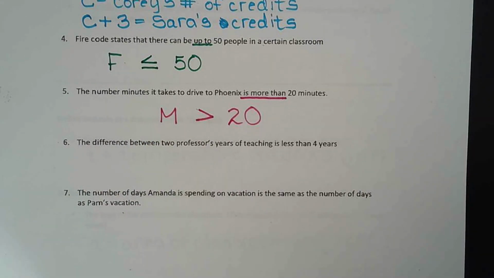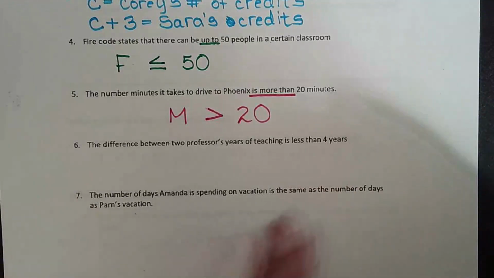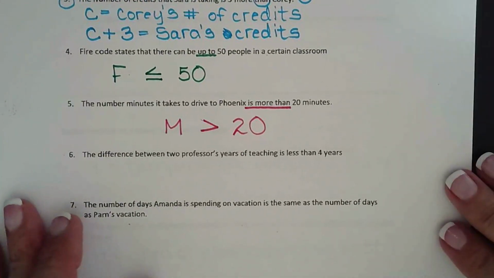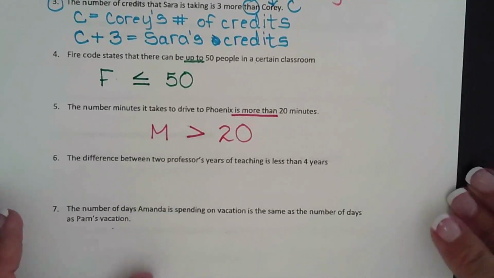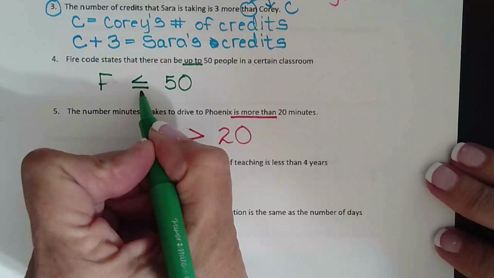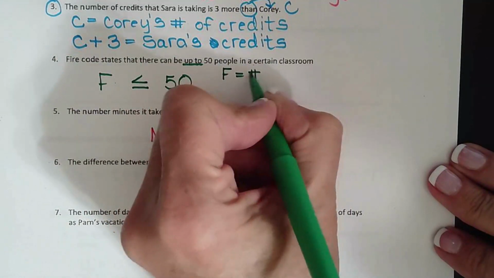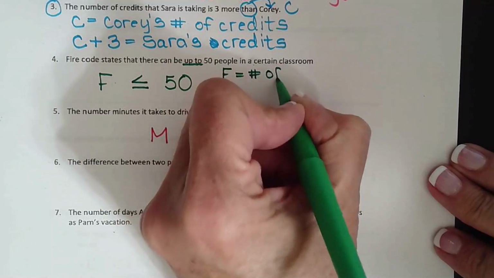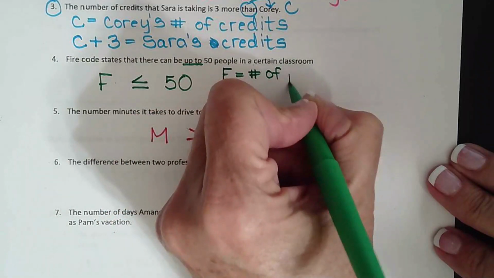And so we should write down what our variable statement will be for both of these, and then we'll call it a day. I don't really like these two problems, so I don't usually go over them in class either. Like I said, another school made these. If these were all my materials, I would do every problem. But once in a while, I look at them and go, not crazy about it. So F is the number of people in a classroom.